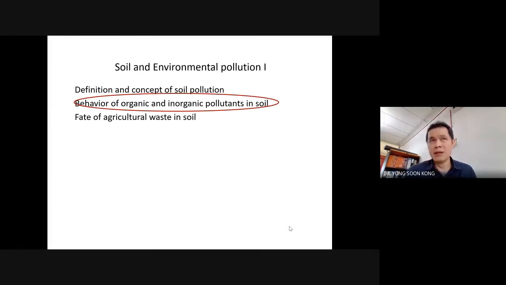Okay, now the identity or characteristics of organic pollutants. Now we learn about the behavior. Once you have organic contaminants in the environment, how do they behave when they are exposed to sunlight, when they come in contact with rainwater, high temperature, low temperature, or soil?